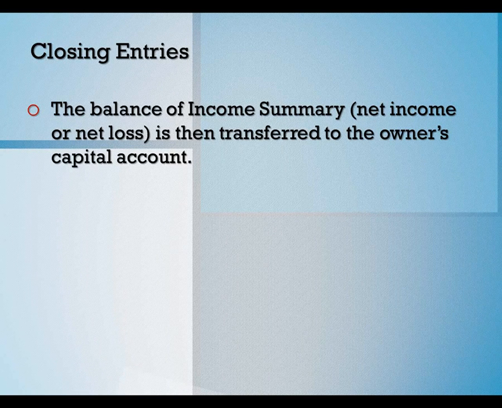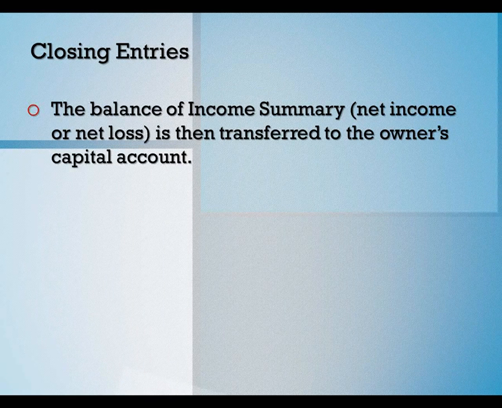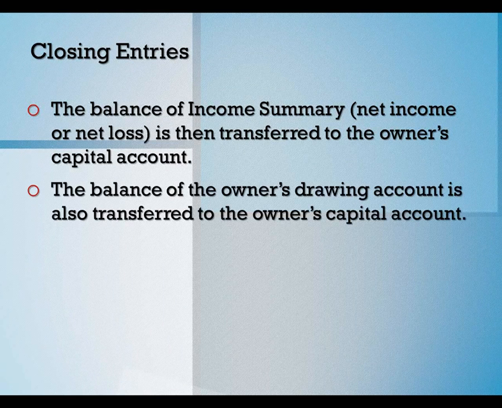accounts. Now, income summary is an account that we're going to be using just for this purpose. It's not normally a debit, it's not normally a credit, it's not an asset, it's not a liability, it's not a revenue. It is just a temporary holding spot that we are going to use to transfer all of our revenues, all our expenses, and move those into drawing eventually. The drawing account also gets closed.